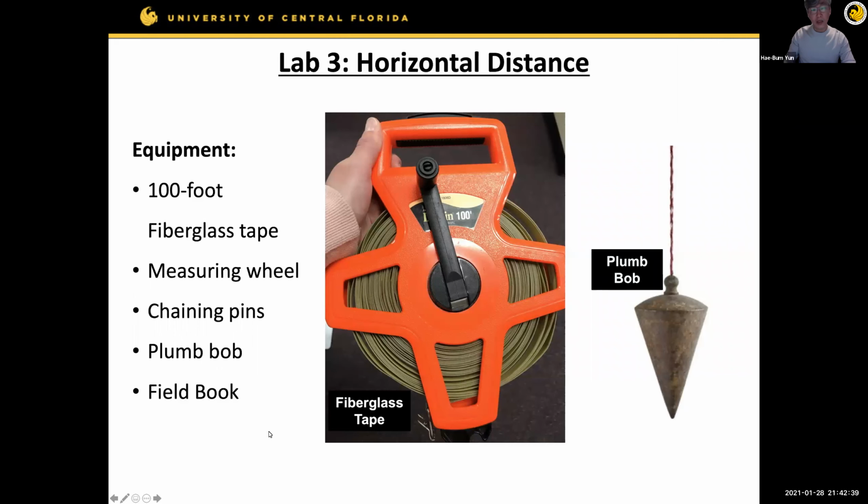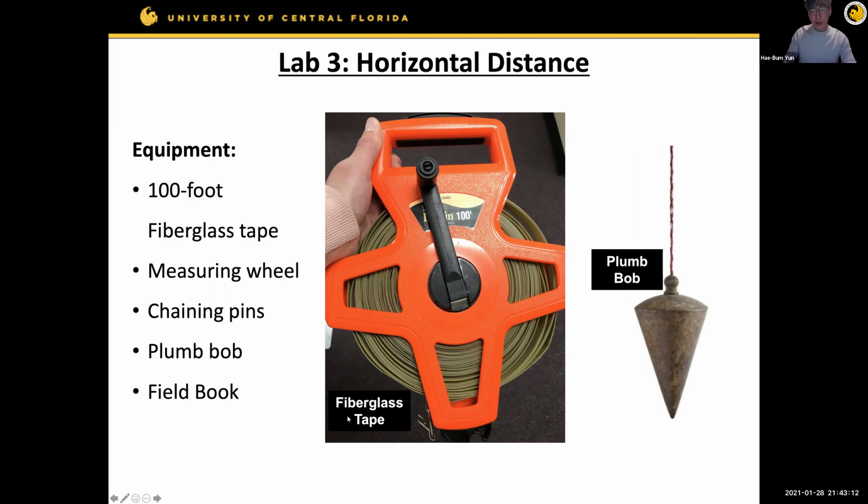To do that, we're going to use a 100-foot fiberglass tape, and also the measuring wheel, chaining pins, plumb bob, and field note. You can see that the field note is always required for all the labs that we have. So make sure that you have a good field book.